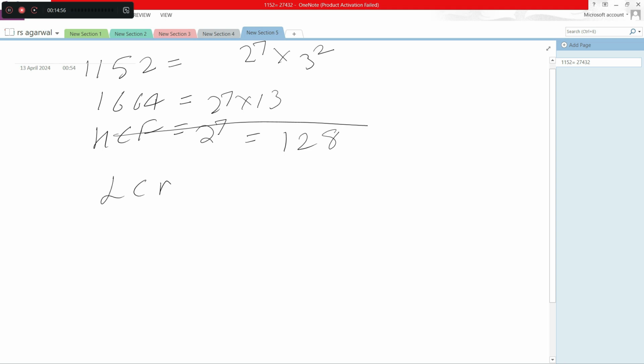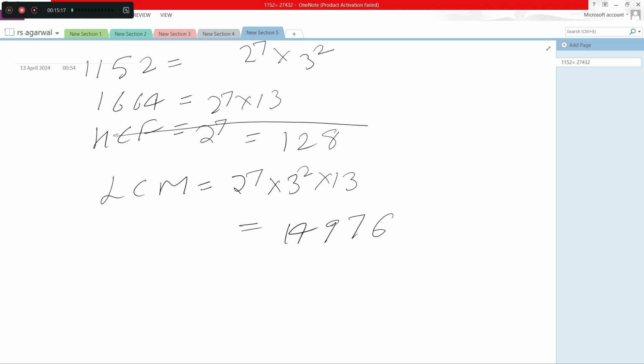We talk about LCM equal to 2 to the power 7 into 3 square into 13 is equal to 149076. This is the LCM of 1152 and 1664 here.